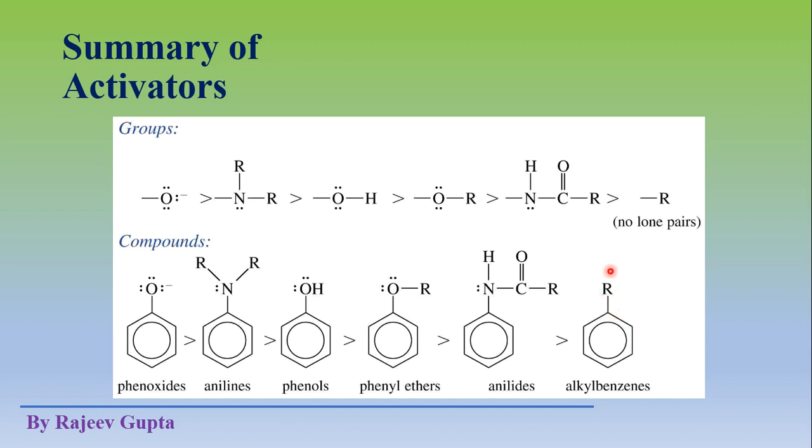The other reason is that these alkyl groups do not show any resonance like these groups. These all contain a lone pair on the atom directly attached to the ring system, but here a carbon atom is directly attached to the benzene ring and does not have a lone pair, so it does not show any resonance.